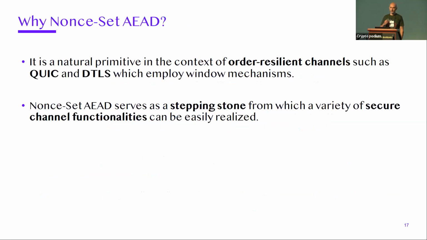Okay, so why is this primitive interesting? It is a natural primitive to consider in the context of order resilient channels, such as QUIC and datagram TLS, which employ window mechanisms. And we'll see that Nonset AEAD serves as a stepping stone from which a variety of secure channels can be easily realized.